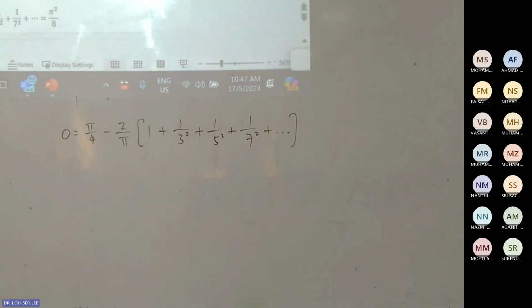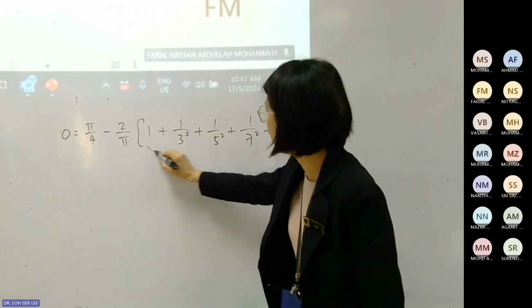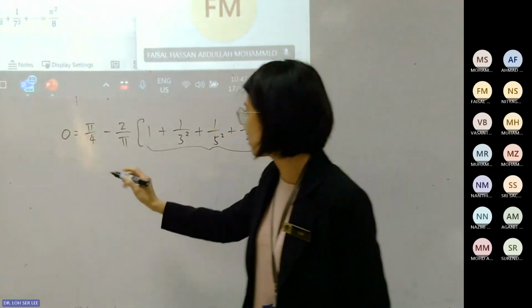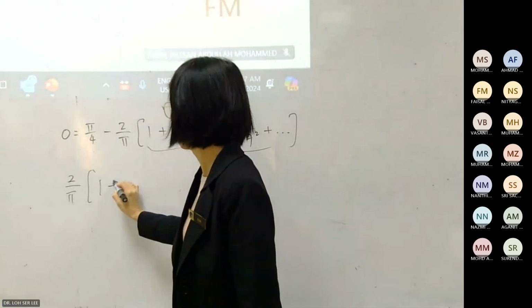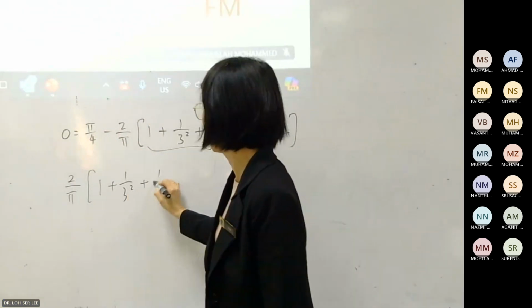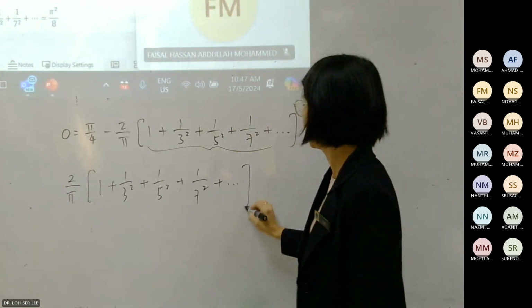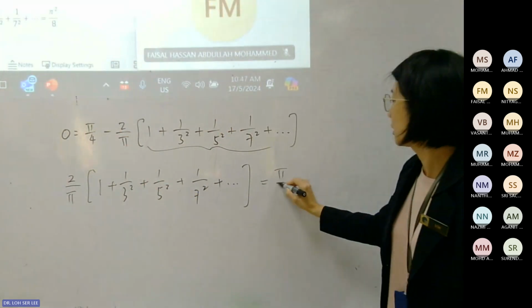From here, we want to find the sum of this. So we move this term to the left, so minus becomes plus, equals pi over 4.